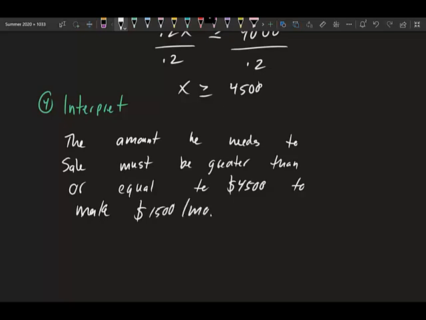So he has to sell $4,500 worth of product to get a percentage of those sales to take home $1,500 a month with the $600 he already makes. So basically, to gain $900, he needs to make $4,500 in sales.